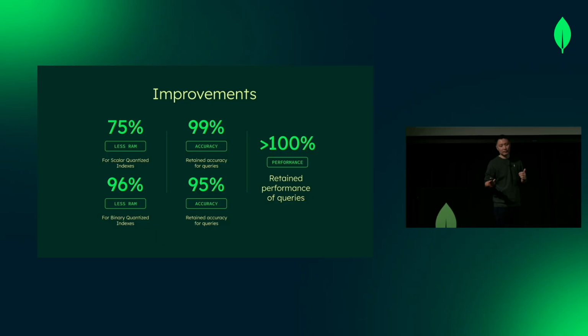For scalar quantization, you can retain 99% accuracy compared to your full vector, and for binary quantization, you can retain 95% of the accuracy. And for both approaches, you can gain more than 100% performance for your vector search query.